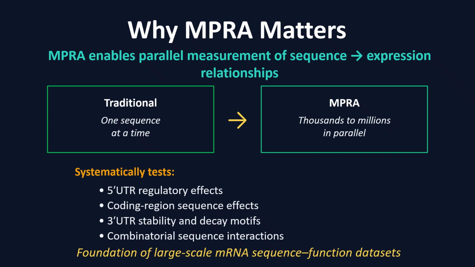And the important thing is, MPRA lets us study combinations of the sequence features. So that makes it possible to map how multiple regulatory components interact to shape overall expression. Because of this scale and quantitative structure, MPRA provides dominant experimental data used to train modern predictive models of mRNA function.